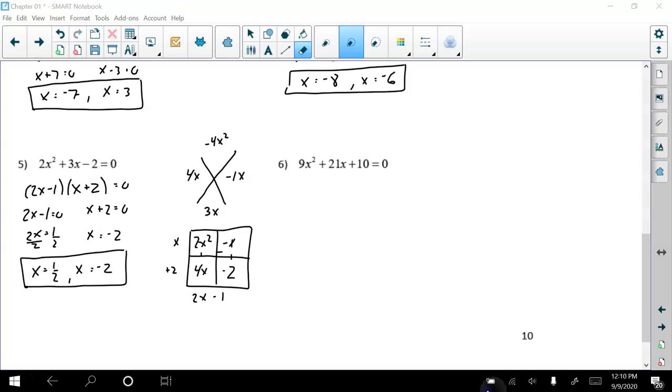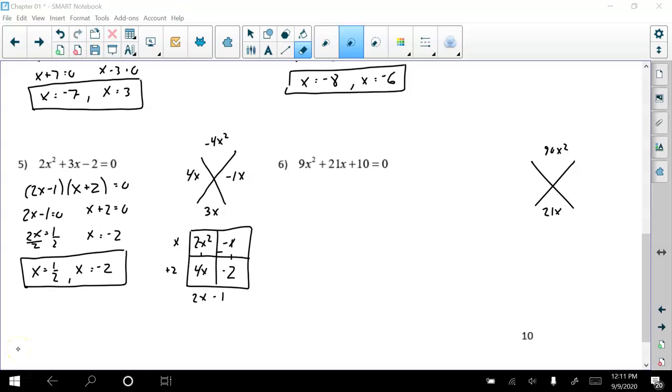Number 6, once again, we'll draw our diamond. Multiply the first and last terms, we get 90x squared and a 21x on the bottom, that middle term. So think about the numbers that multiply to 90 and add to 21.